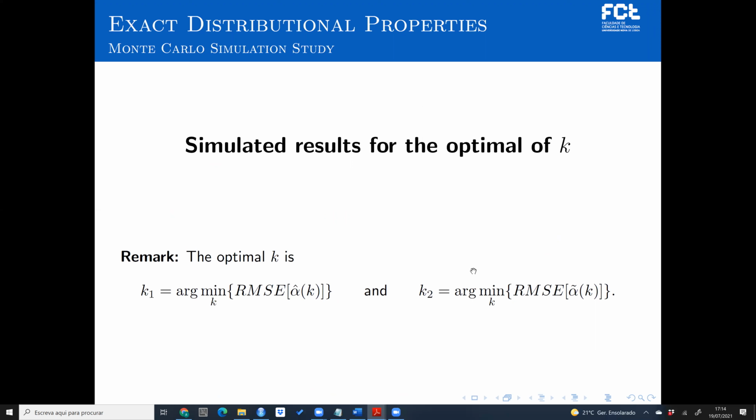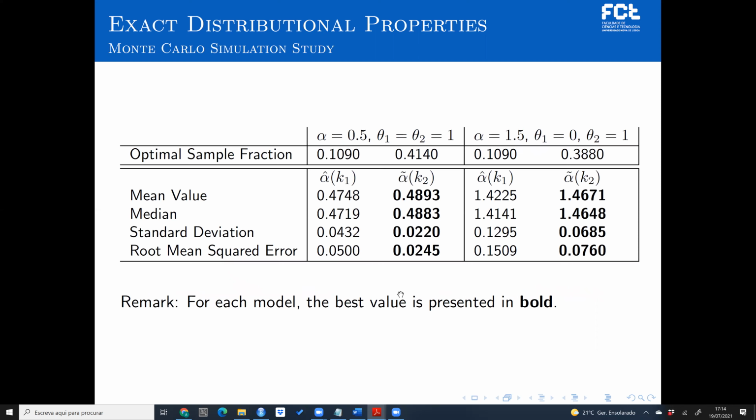Now we present simulated results for the optimal level of K. We consider here the optimal level of K, the value of K that produces the minimum root mean squared error. And here are the results for the two models considered in this study.